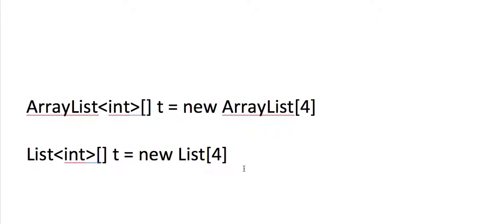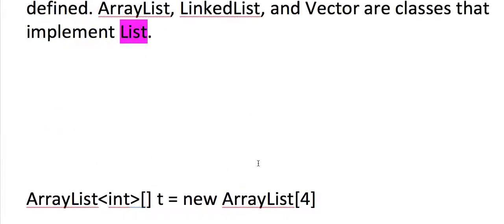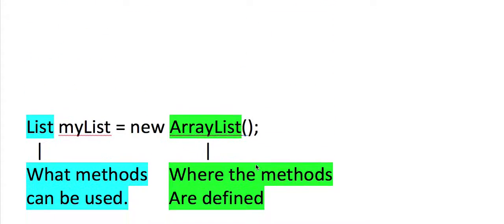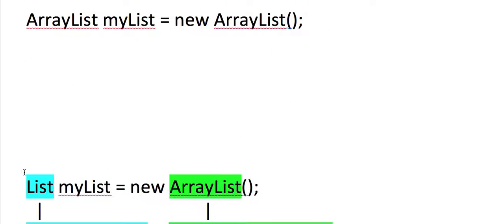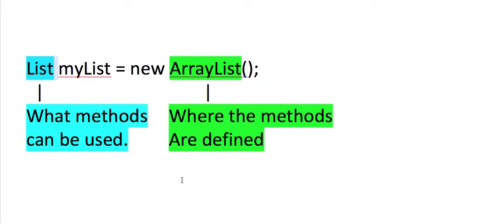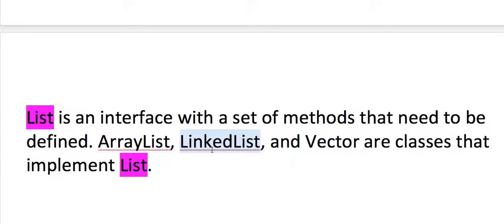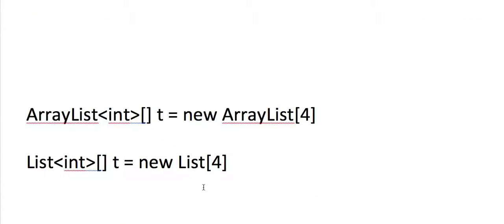Okay, what else do we have here? Some of you might be thinking, what are some of the advantages of doing this over this, right? Well, one advantage is that if you create an array of type list, you can stick objects of type ArrayList in there. You could stick objects of type linked list in there. You could stick objects of type vector in there, right? So how would we do that? We would do it like this.